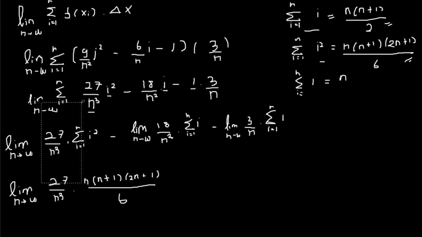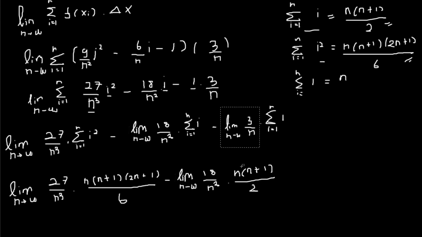So now we're going to select these. Let's get a minus, and we have limit n to infinity 18 per n to the power of 2, and we're going to replace it with this. So let's do that. n plus 1 divided by 2. And then we have a limit of this 3 per n.